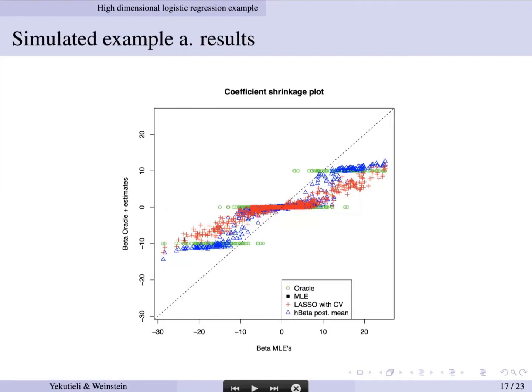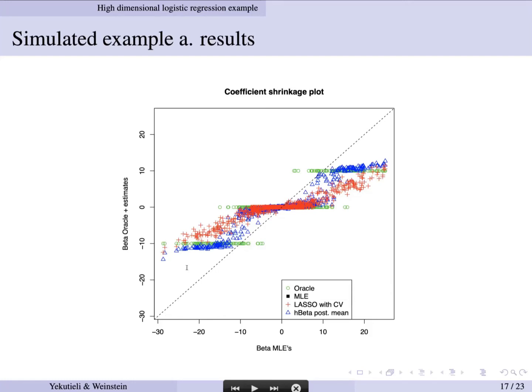And this is a similar plot, but in this case, on the x-axis, we have the beta MLEs. On the y-axis are the different estimators, okay? So the green ones, for each beta MLE, we have the actual value.